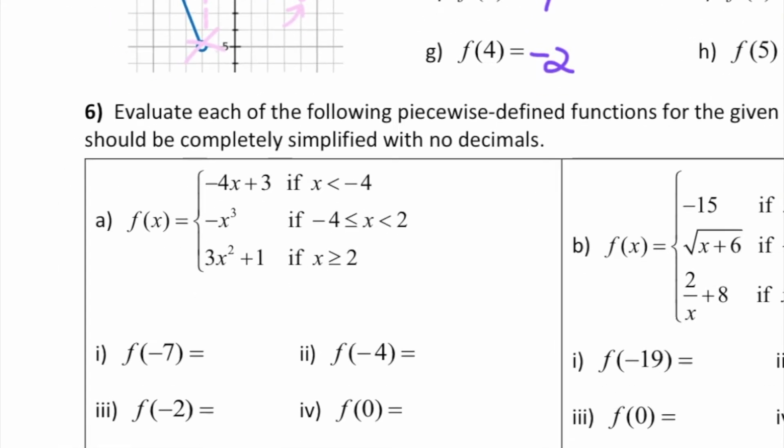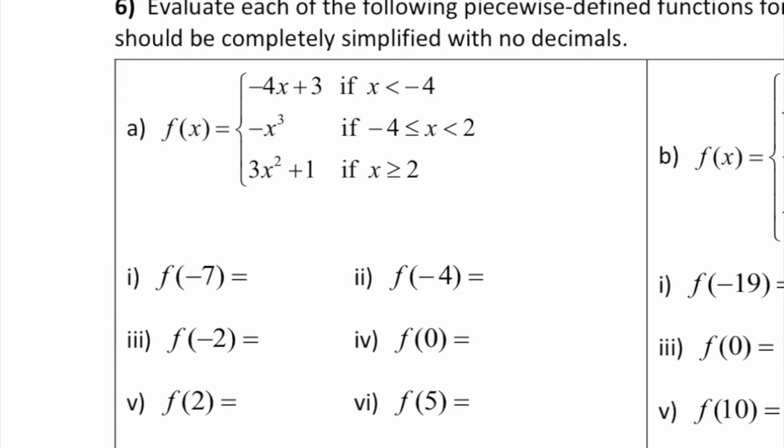Now in number 6, I'm essentially doing the same thing, but this time with equations. I need to keep track, and I'm going to color code these. So this top equation is for all x values less than but not equal to negative 4.